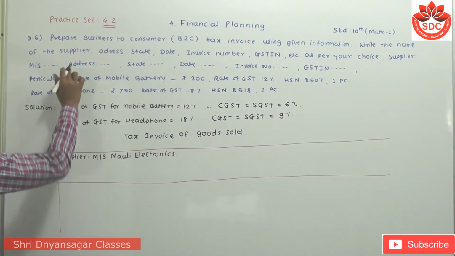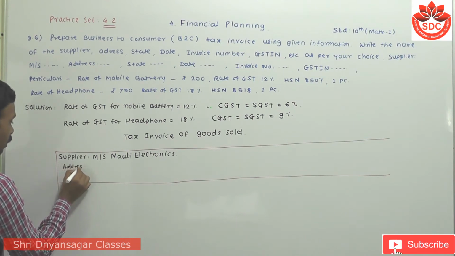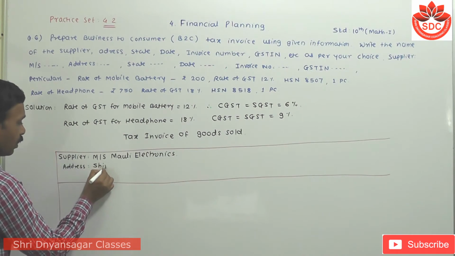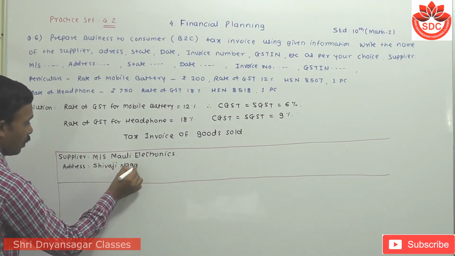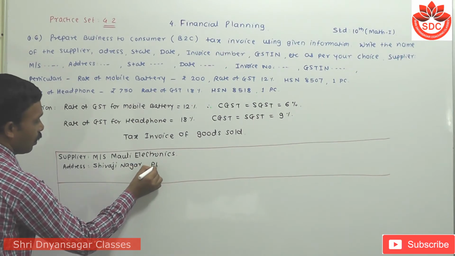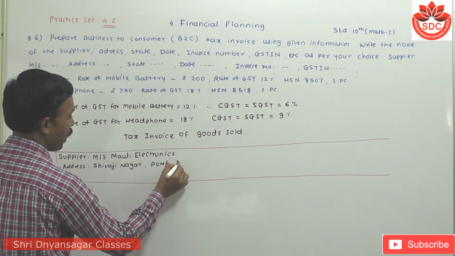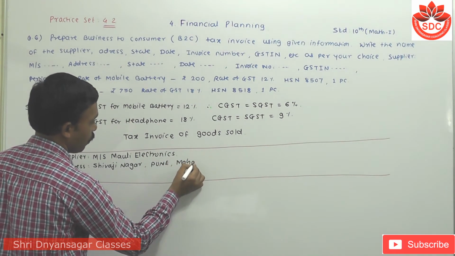Then write its address. Suppose the address is Shivaji Nagar, Pune, which is in Maharashtra.